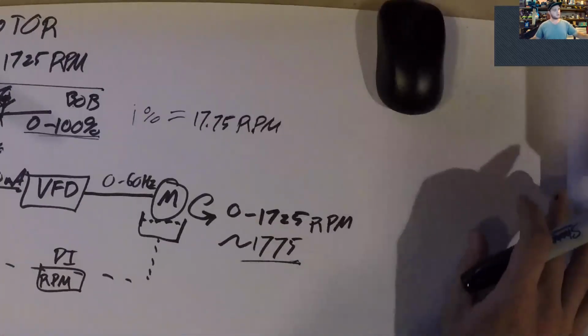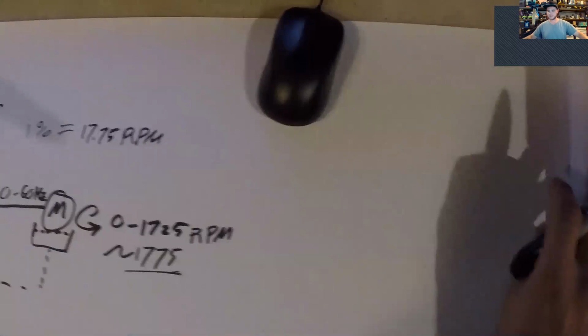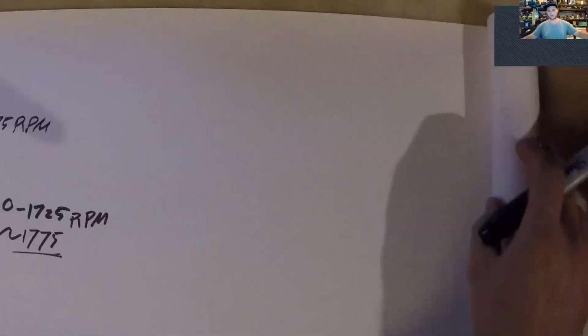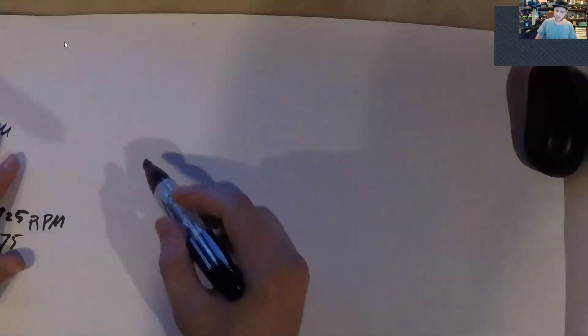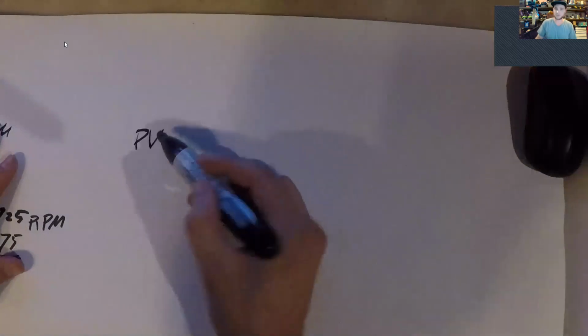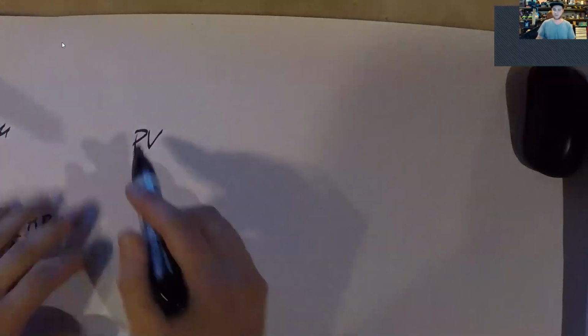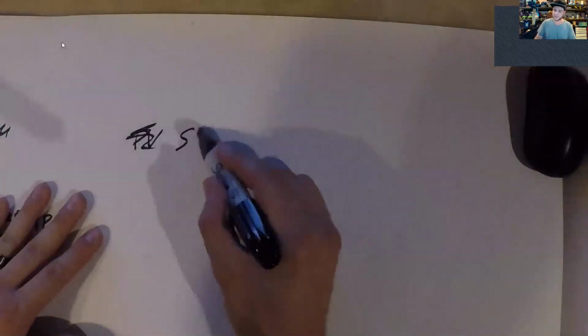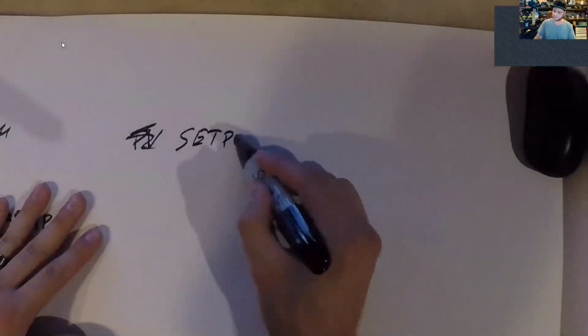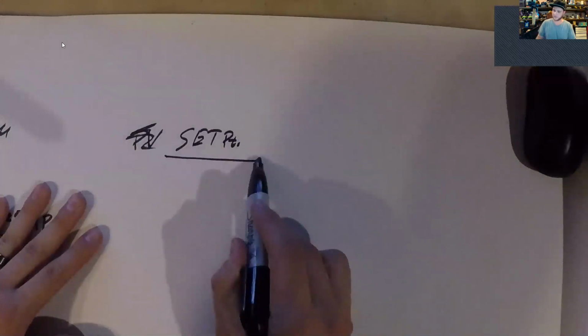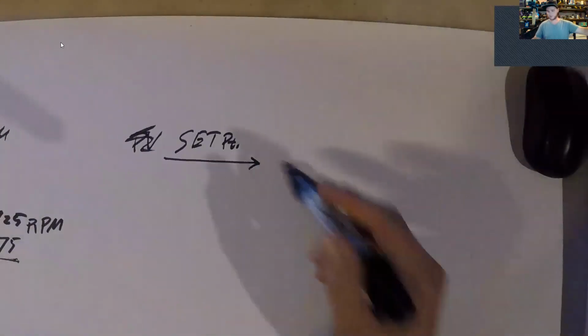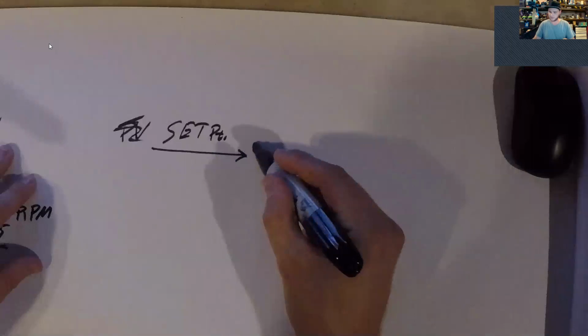And so what a PID control loop is, from a generic overview, is you have your process variable. You have your set point. Okay, that's from your operator.